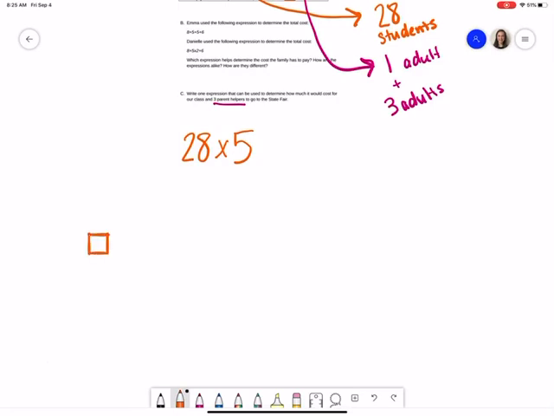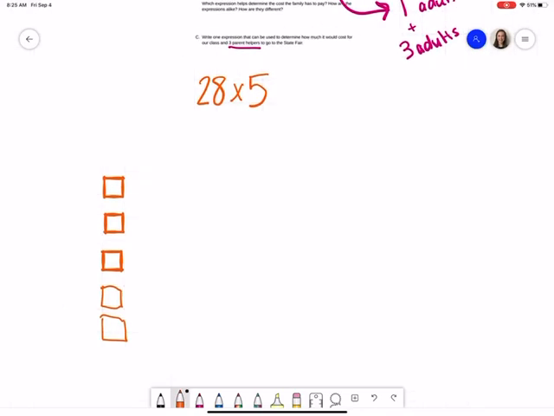here's one student. Here's another student. Here's another. Oop, that student isn't becoming a box. Here's another student. Here's another student. Here's another student. Oh, man. Well, that's okay. So, each of these students has to pay how much? $5.